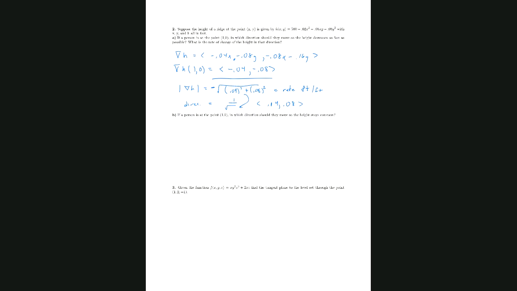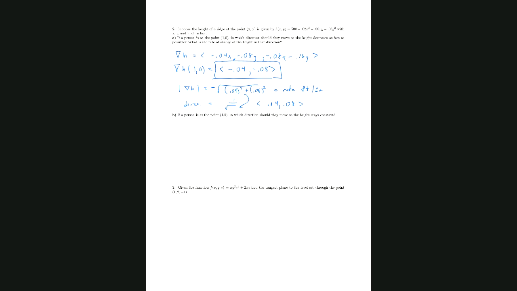So this, without the square root in the front, is the direction in which it increases most rapidly, because that's the gradient. So I could put a negative in front. So that's the direction in which it increases most rapidly, and if I put a negative in front of it, it decreases most rapidly.